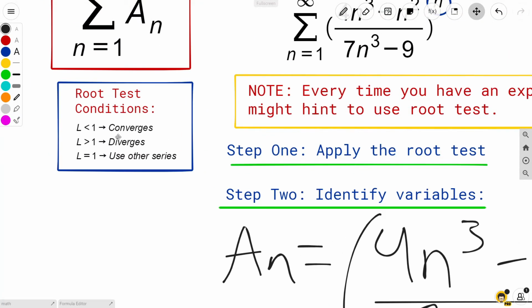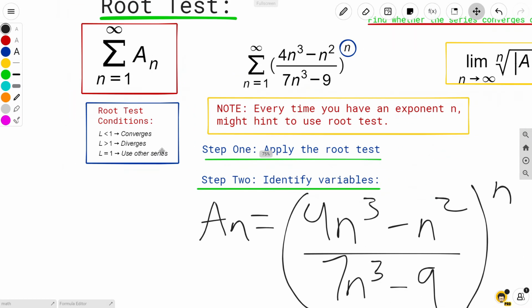If L is greater than 1, it diverges. Less than 1, it converges. If L is equal to 1, it's inconclusive, and we use another test.